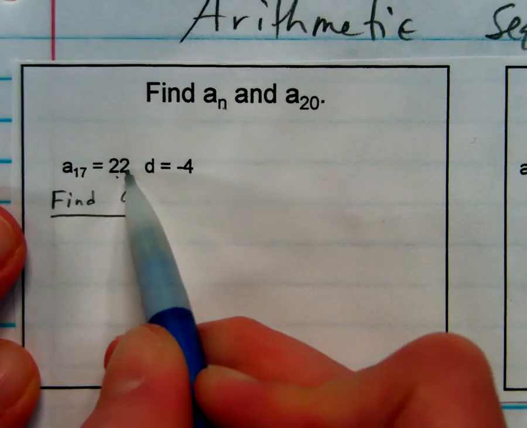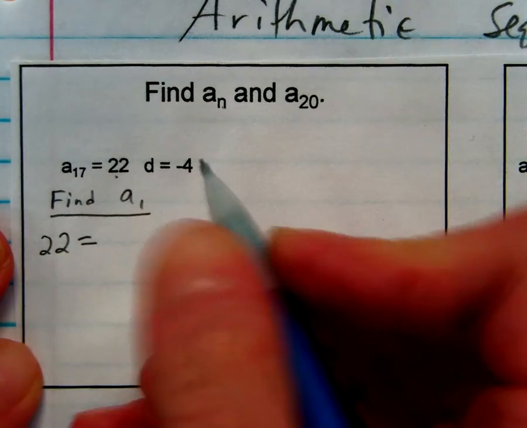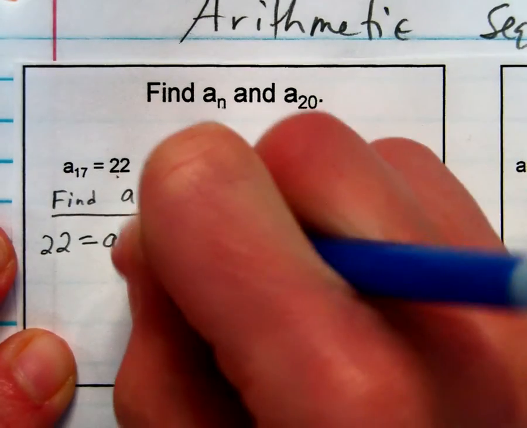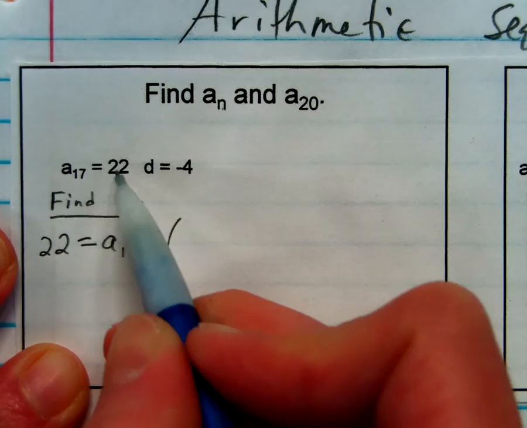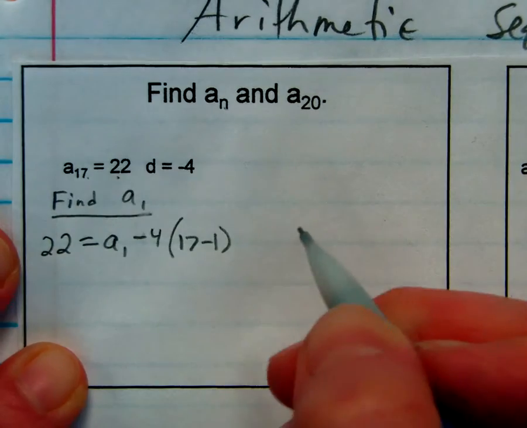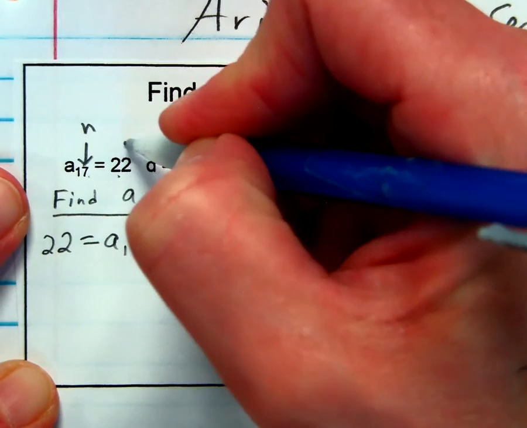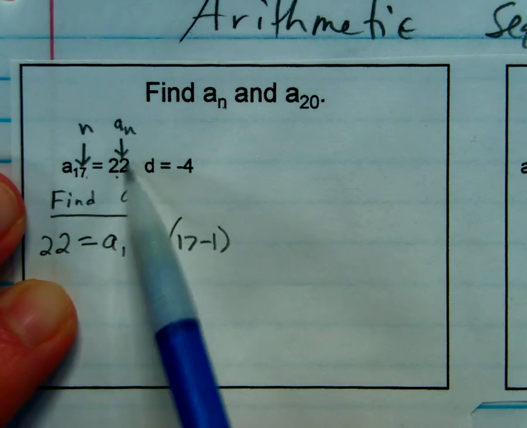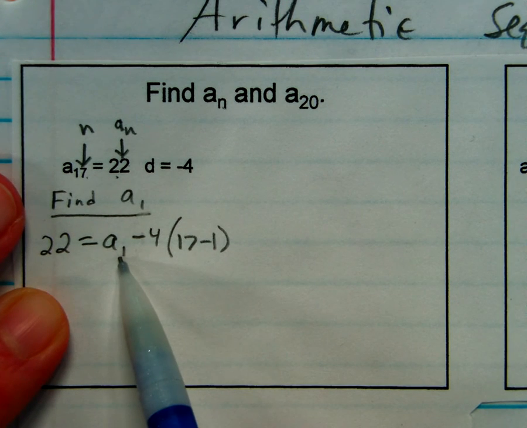And so I can put 22 in as my AN, and then write A1, and since the difference is negative 4, I'll do minus 4. And instead of n minus 1, I can put in 17 minus 1. In the information that they give us, the 17 is the n, and the 22 is the AN. And so you can put that information into the formula, and we can work backwards to figure out what the first term was.